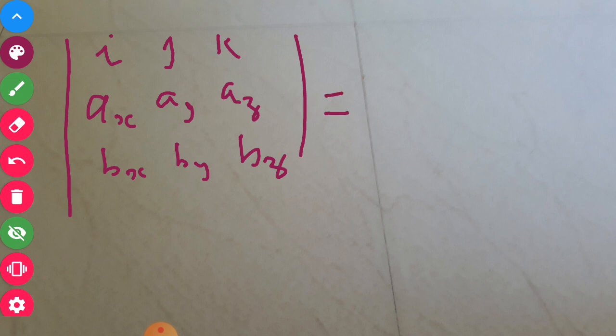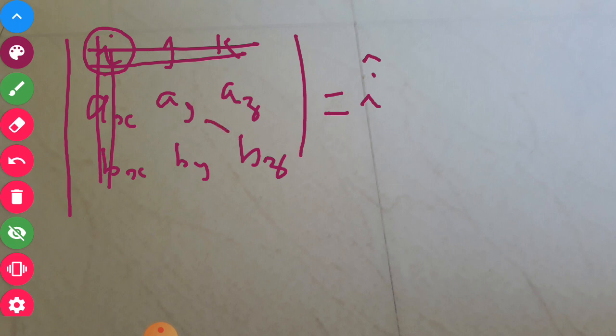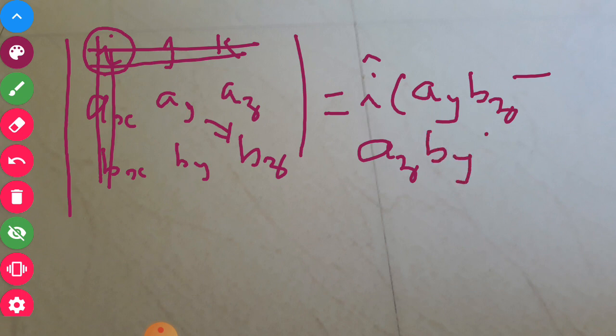First you take the first element, that is i cap, then you close this column and this row. Then you take the cross product of these two, and you will get ay bz, then you put minus az into by. This way you take the cross product, and this way you take the cross product. So the first element we got.